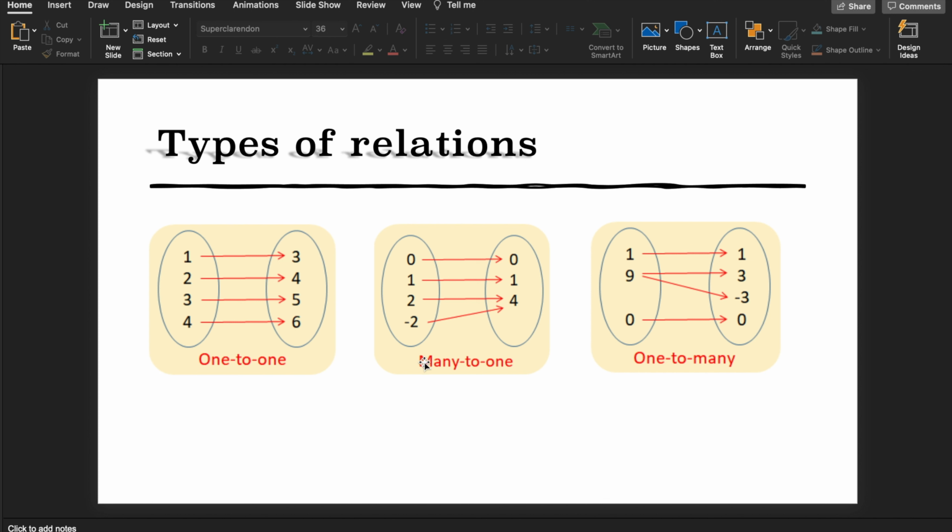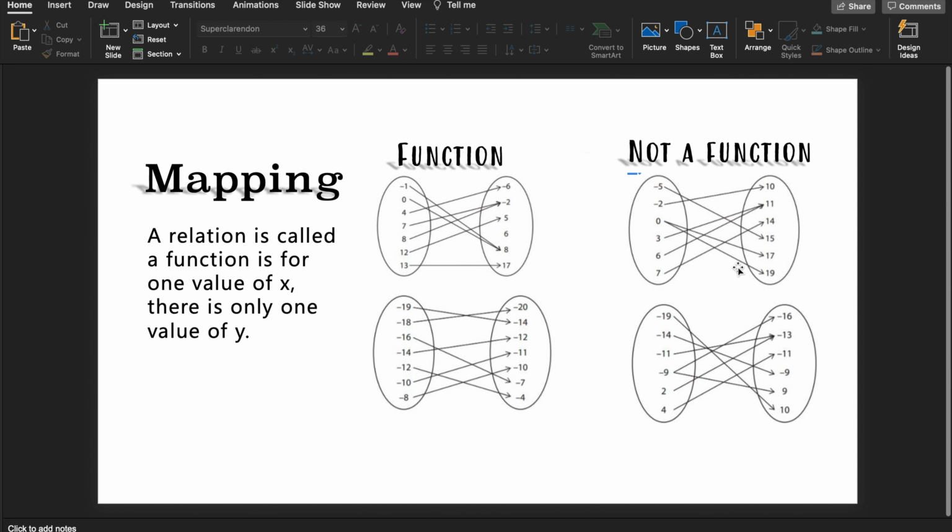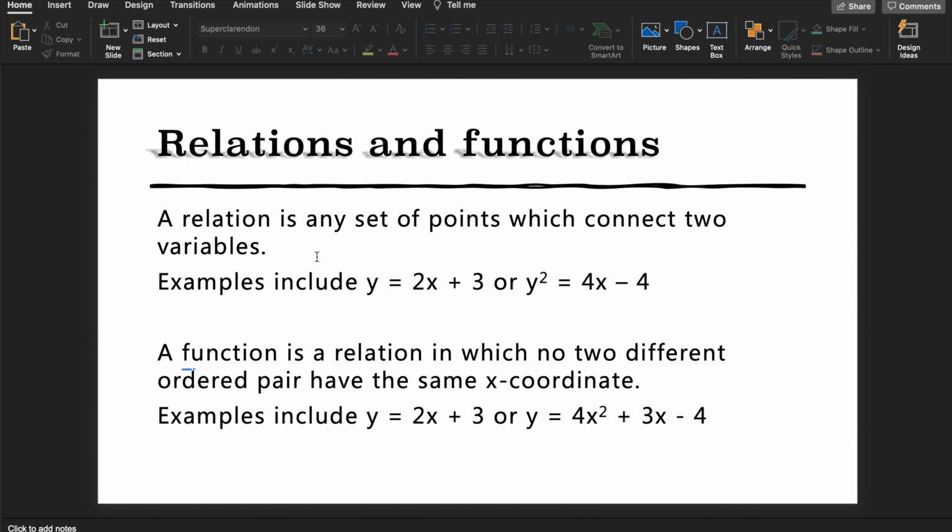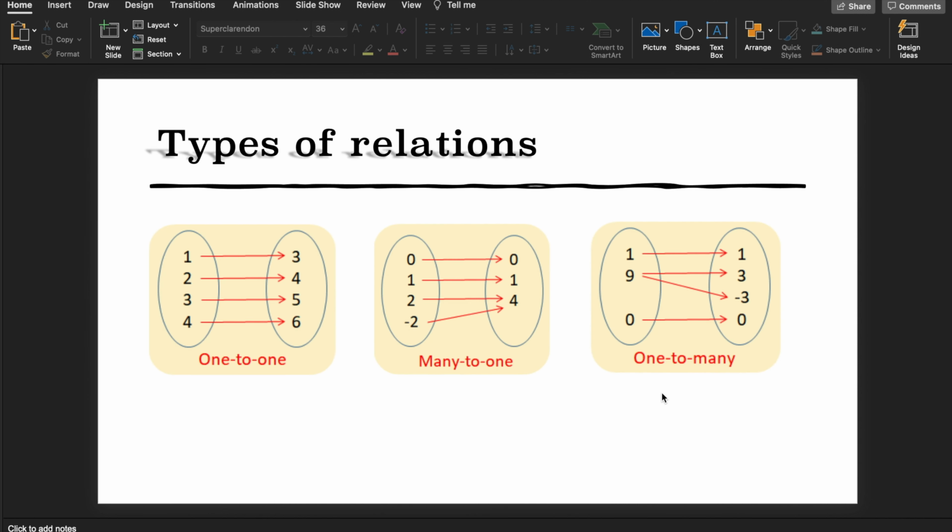So this would be a many-to-one function. The last example is one-to-many. This would not be a function because one value of x maps to two different values of y. Since we mentioned over here, it does not fit this criteria, right? So that's why that would not be a function.